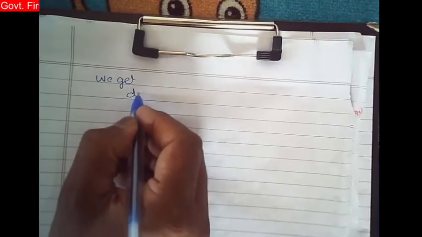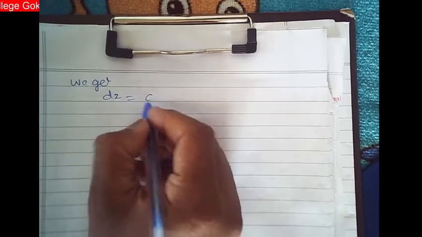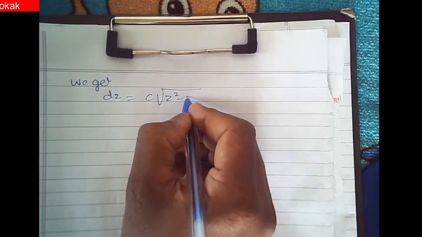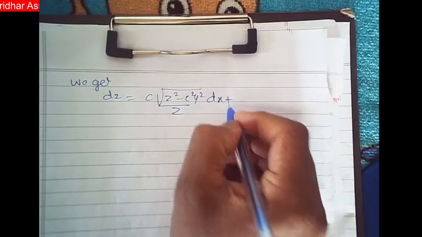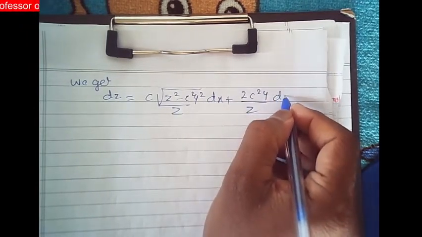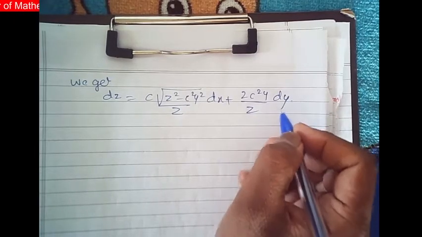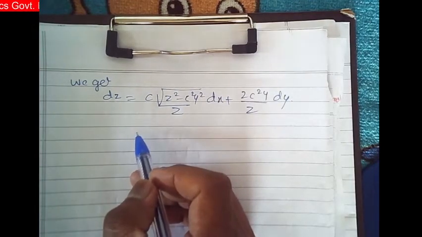So then we get dz is equal to p dx plus q dy, where p means c into square root of z square minus c square y square by z, and q means 2c square y divided by z. So this we obtain. Okay, so now integrating.